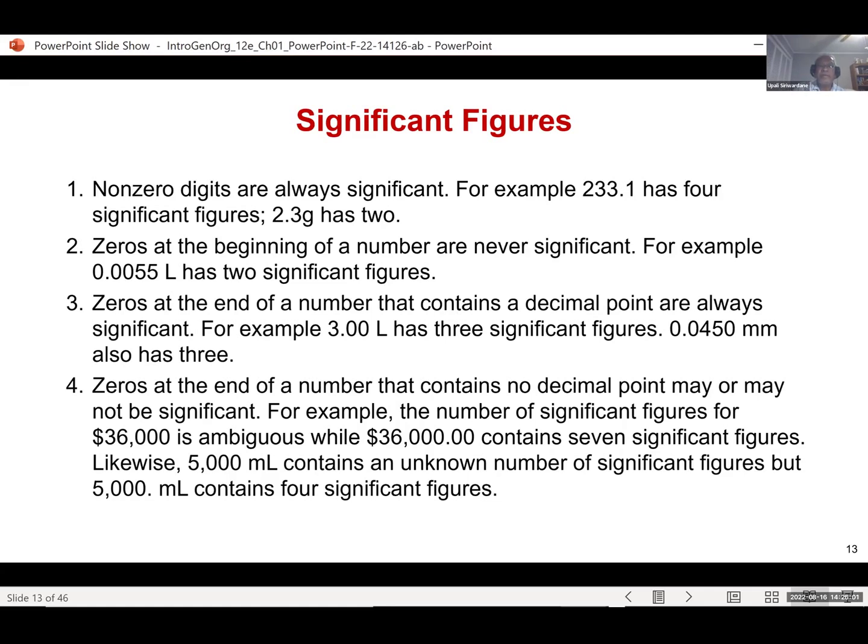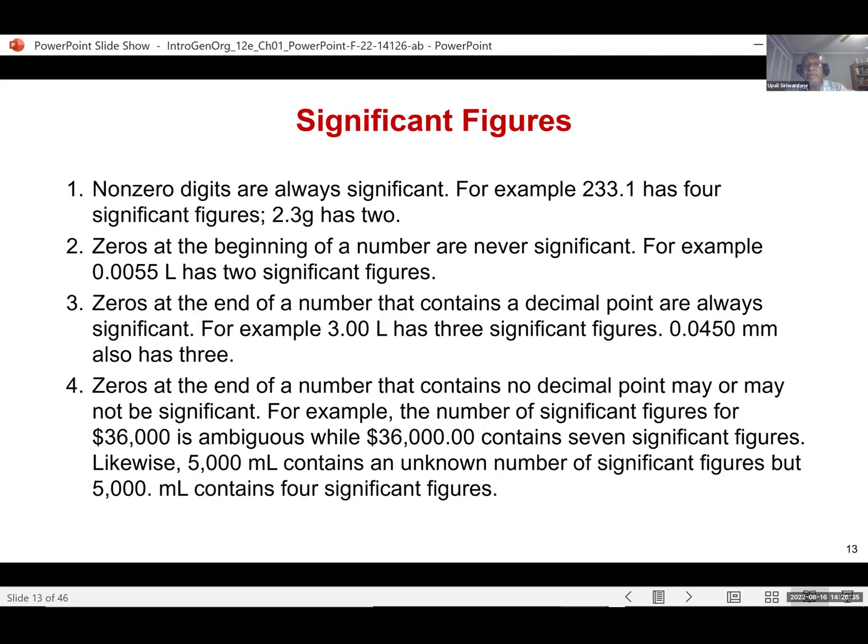When there are zeros, leading zeros are not significant. In 0.0055, those are leading zeros. You begin with the zeros until you hit another number. Those 3 zeros are not significant. Leading zeros are not significant.